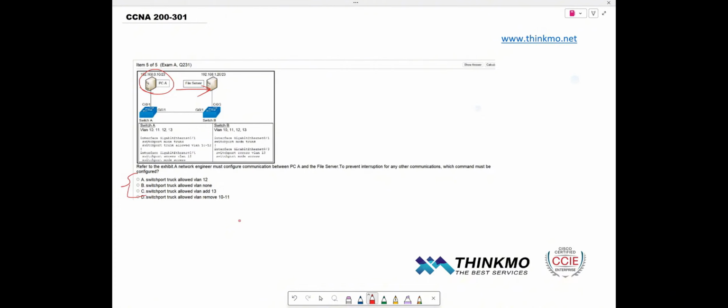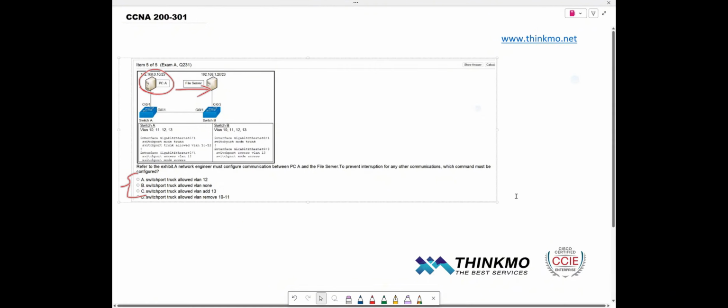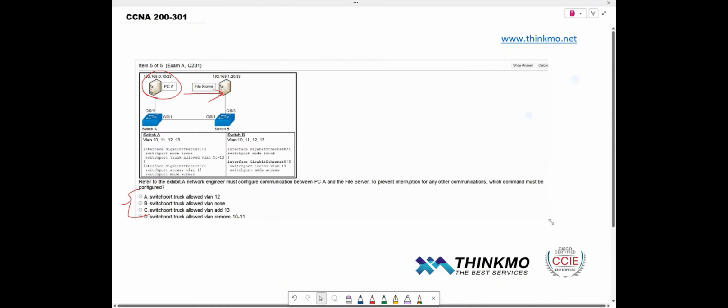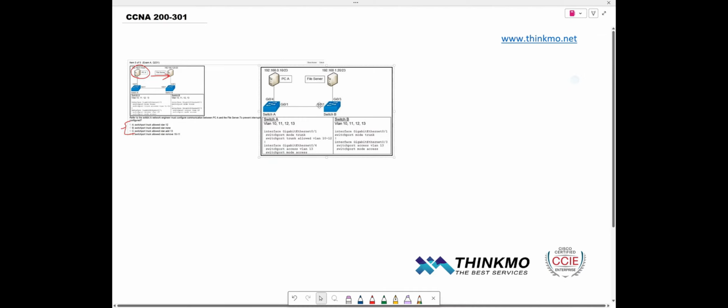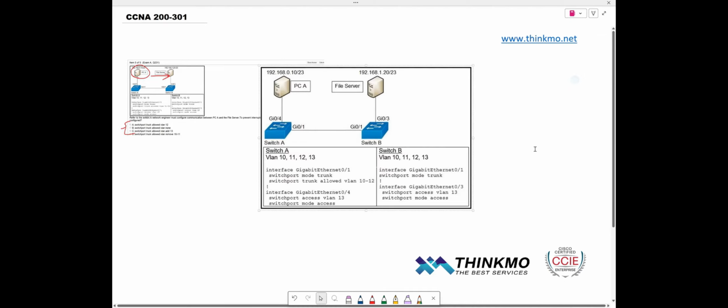Let's look at the configuration. This picture is not very clear. Let me copy the original image for you. Looking at this, in the configuration, both switch A and B have ports 10, 11, 12, and 13, but they only included ports 10 to 12, not 13, right?